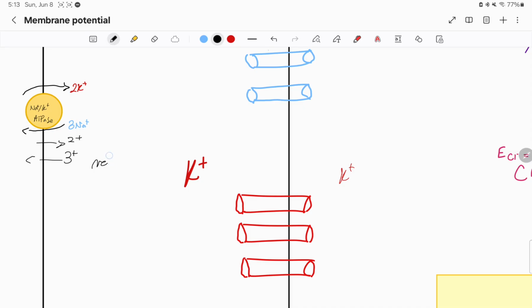That's a net negative. That's a net negative charge that this guy's generating, meaning that I'm losing more positive charges than I'm gaining back, because I get rid of 3 and only 2 come back. So every single time this guy is working, he's making the cell just a little bit negative.